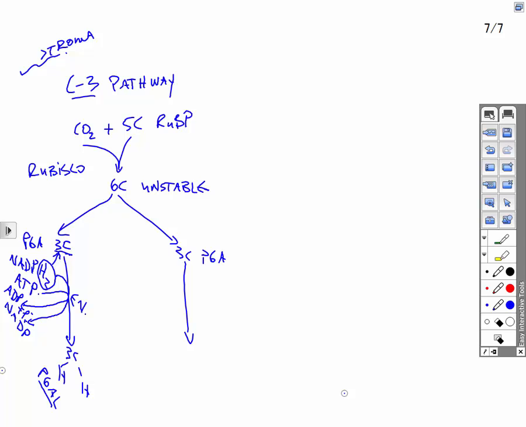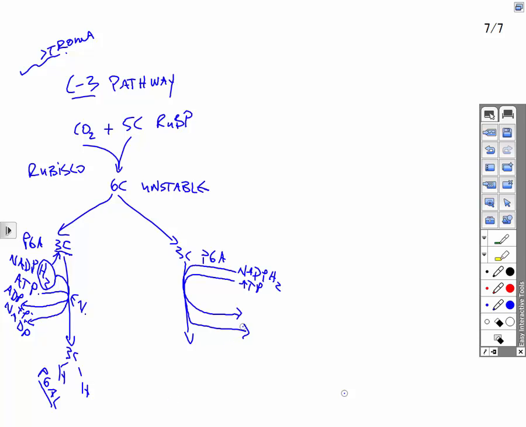Well, I do that again over here as well. I'm going to take my NADPH2, and I'm going to remove those hydrogens. I'm going to put them on my PGA. That takes energy to do, so I'm going to take ATP, because those are our 2 products that we manufactured in the light-dependent reaction.